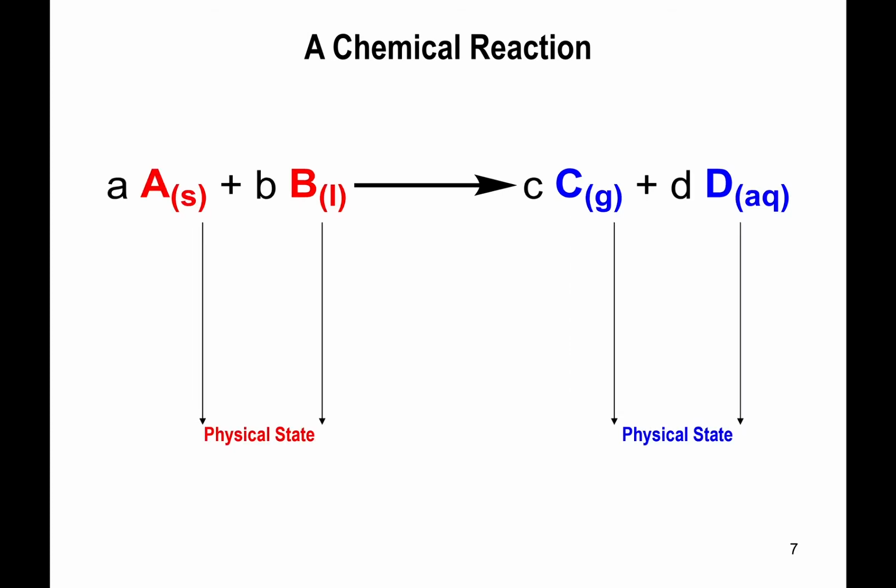Another thing that we're also going to be using and categorizing in this lecture is the physical state of the substance. Some of the substances are solids, some are liquids, some of them are gases, and so we depict that by using the subscripts (s), (l), and (g) to depict those particular states.